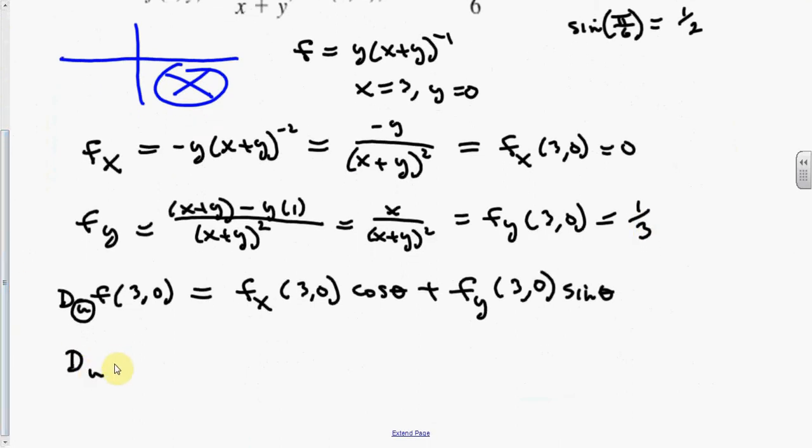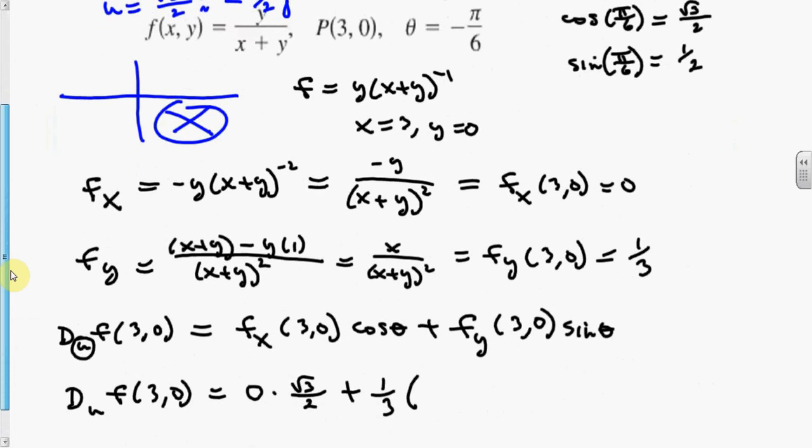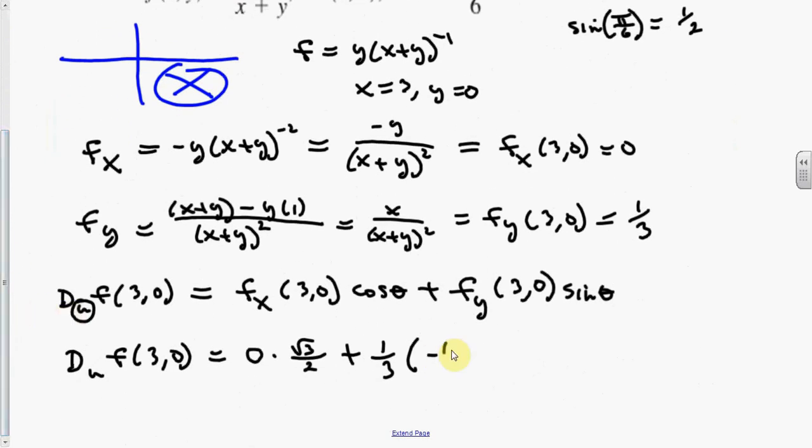So this directional derivative in the direction of u at the point 3, 0 is equal to the first partial derivative, which is 0, times the cosine, square root of 3 over 2, plus the partial derivative with respect to y, which was 1/3, times sine theta, and sine theta is negative 1/2. So here we get negative 1 over 6.